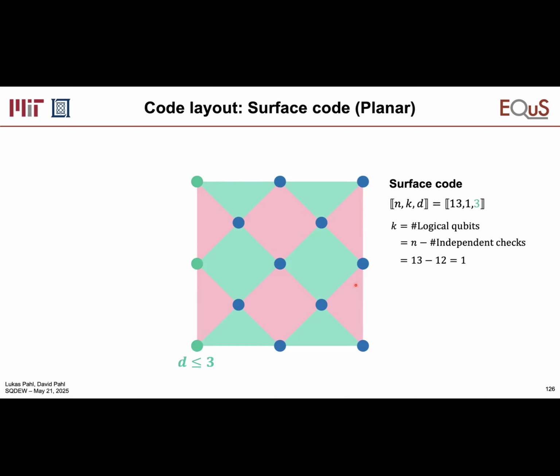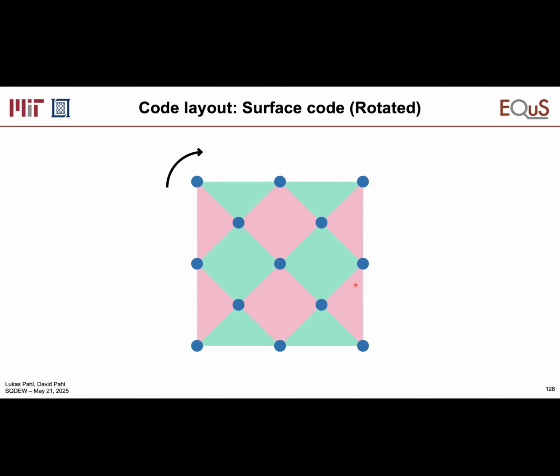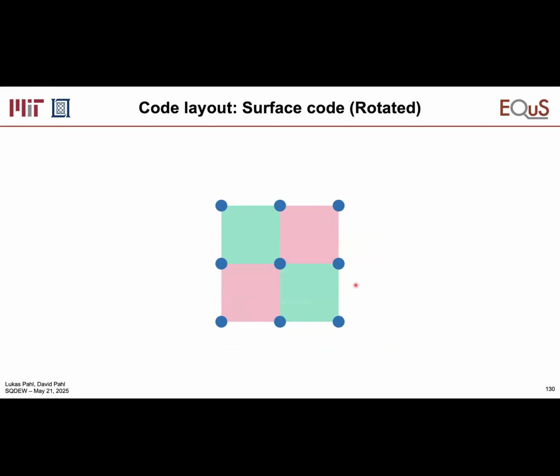And some people used this intuition that this might not be the most efficient planar version of the surface code. They said, what if we just flip it on its side by 45 degrees and then get rid of these boundaries, these weird data qubits on the boundary? Then these 3 errors are still limiting your code.